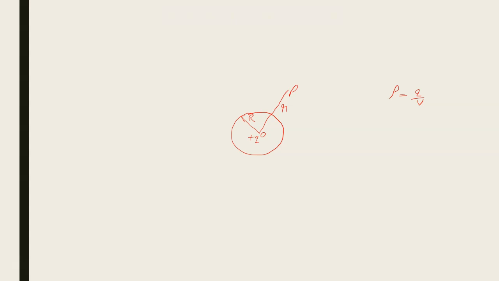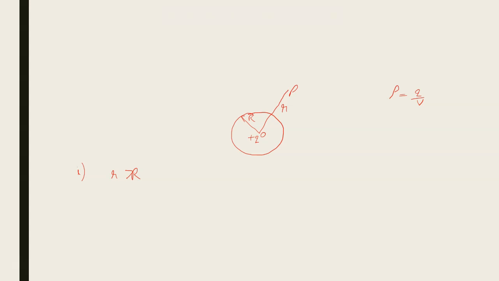So three cases arise here. First we will do the first case. The first case is we will calculate the electric field intensity at an external point, that is r greater than R. So let point P lie outside the charged sphere as shown in this figure.